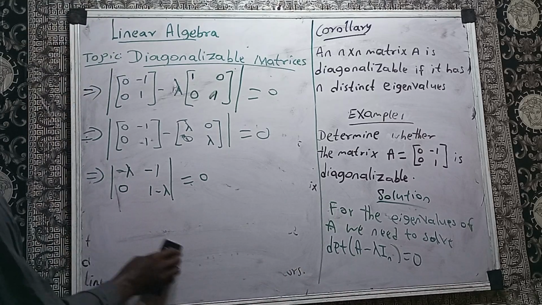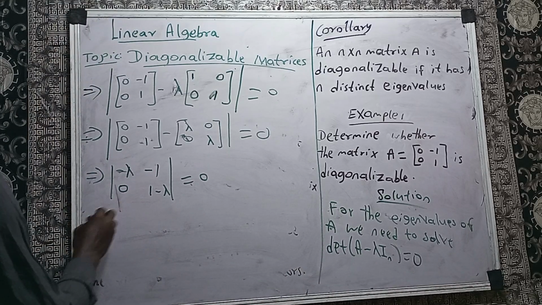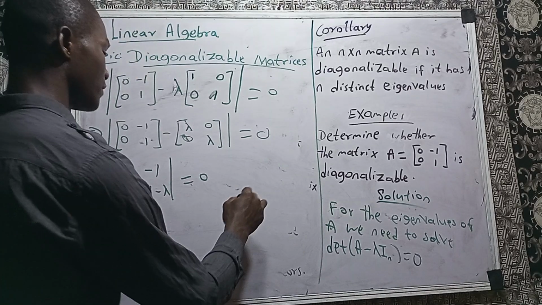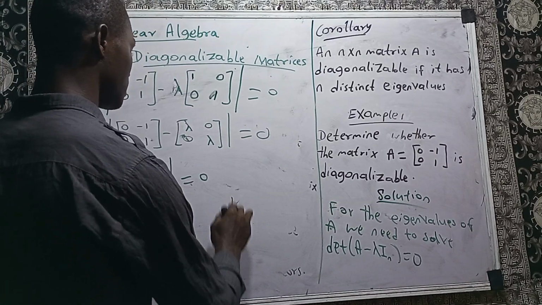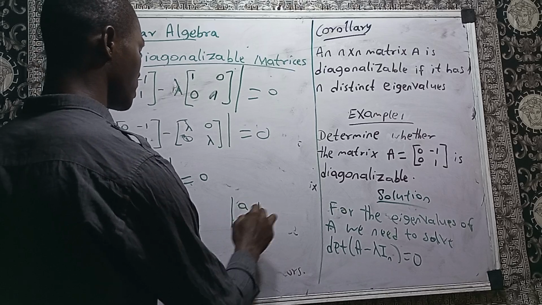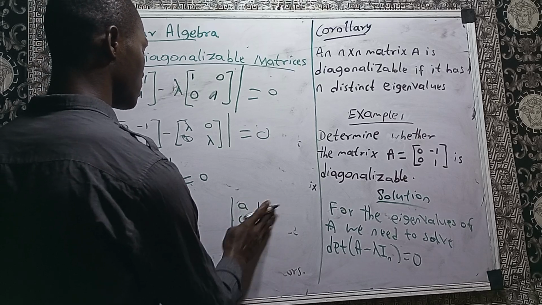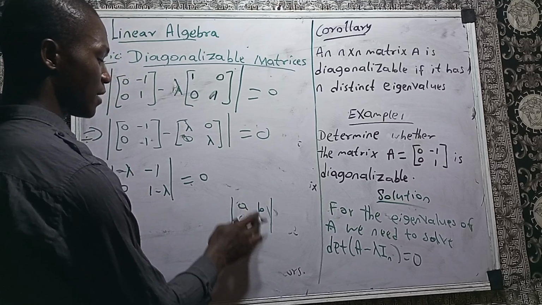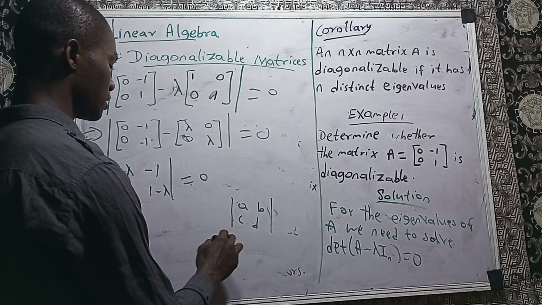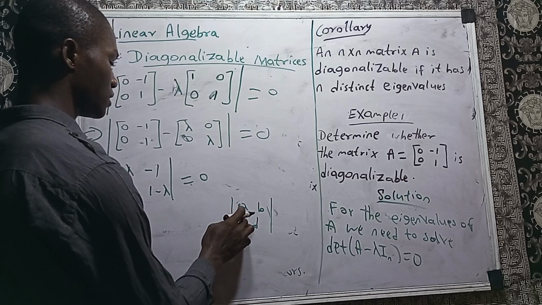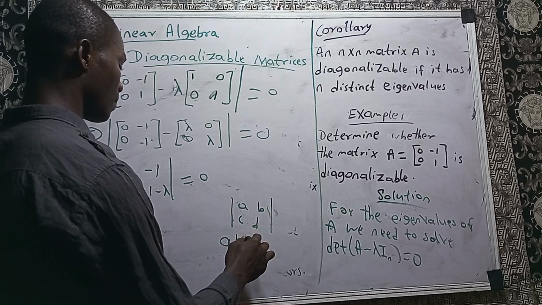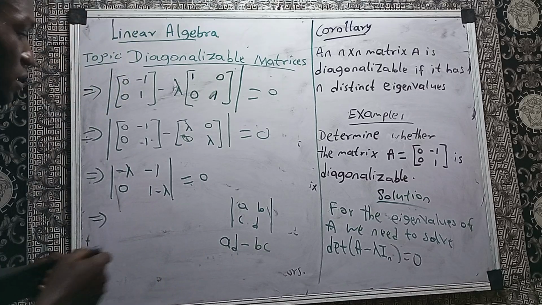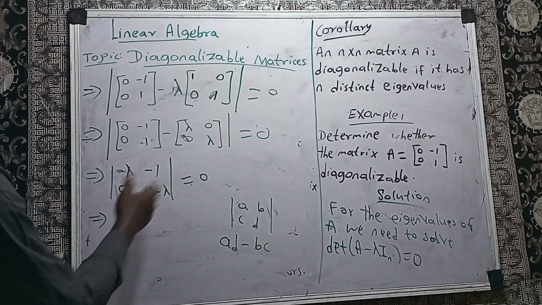So you know how to find the determinant of 2 by 2 matrices, right? You have a 2 by 2 matrix A, B, C, D. The determinant will be A times D, that's AD, minus C times B, or you can say B times C. So let's follow the same thing.